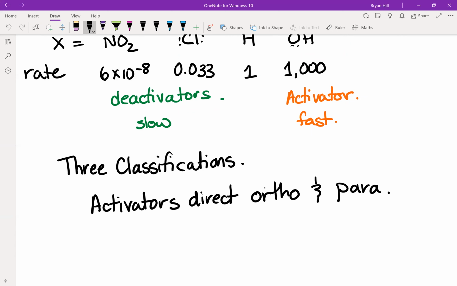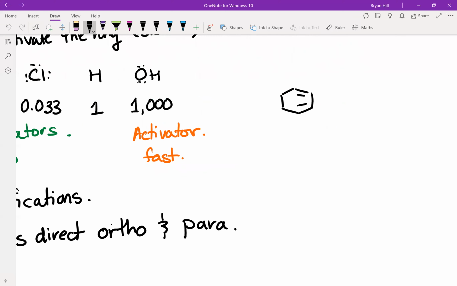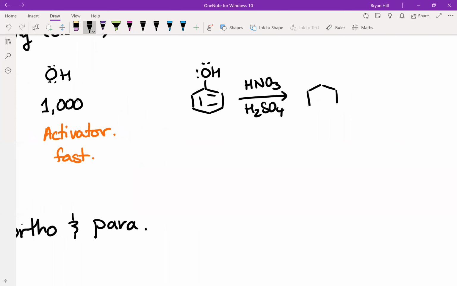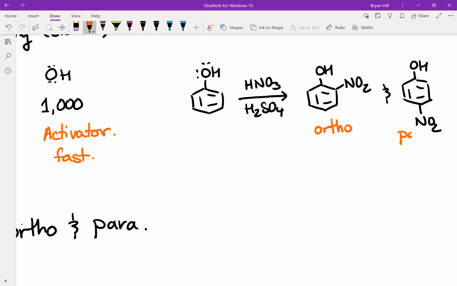So if you have, say, a hydroxyl group, and you do this reaction, your 2 main products are going to be the ortho and para.